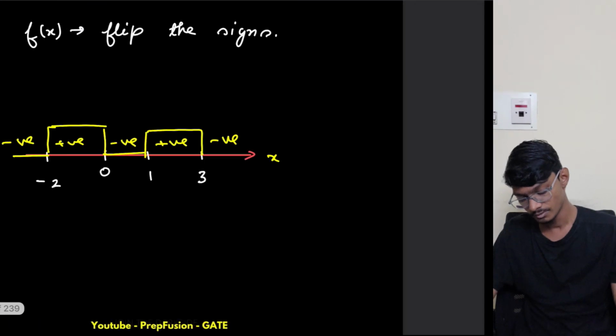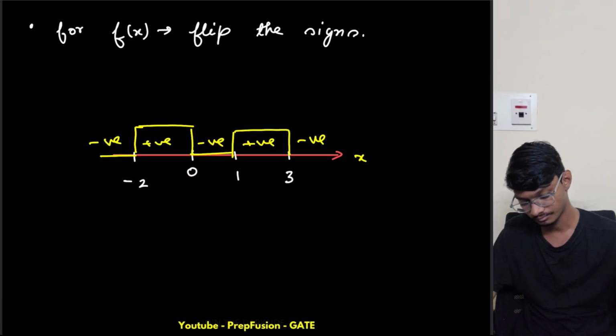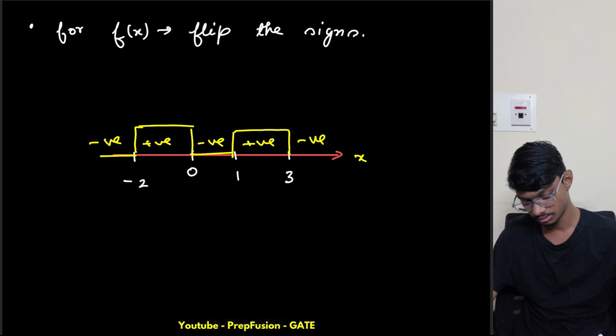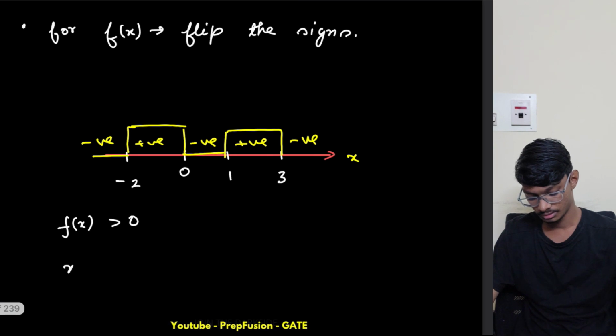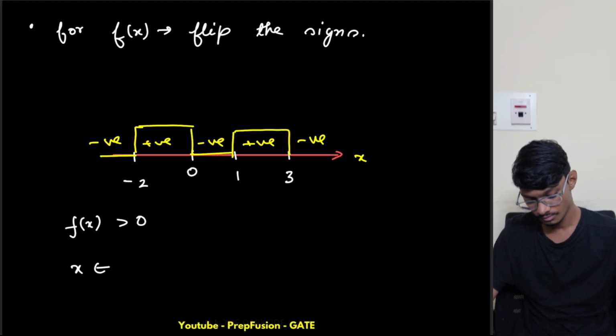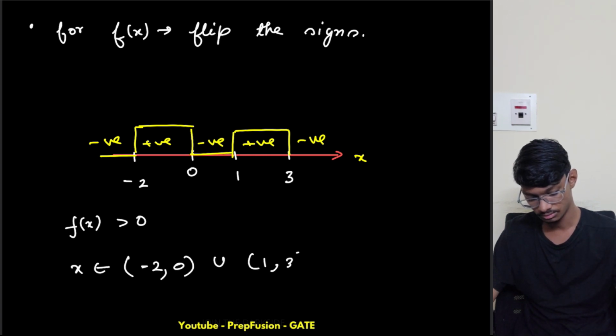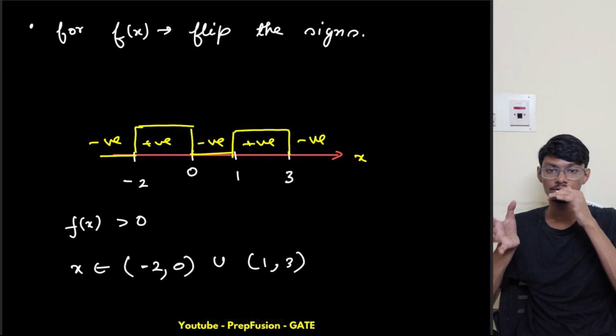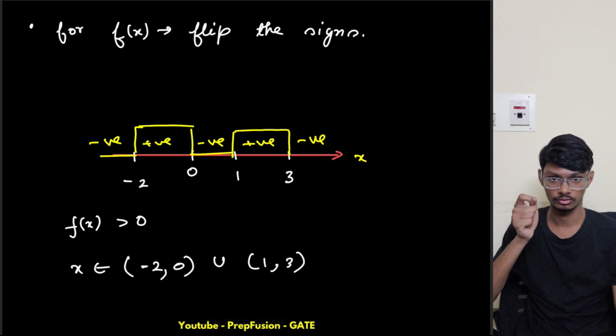So we can simply say that f of x is positive for x belongs to -2 to 0 union 1 to 3. Okay, so I can also ask for what range f of x is not negative. What do you mean by not negative?